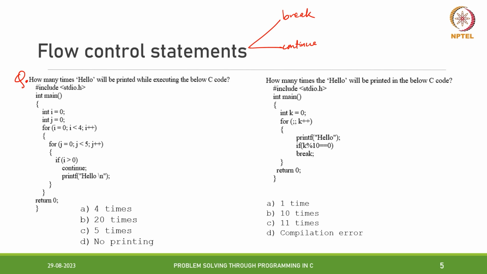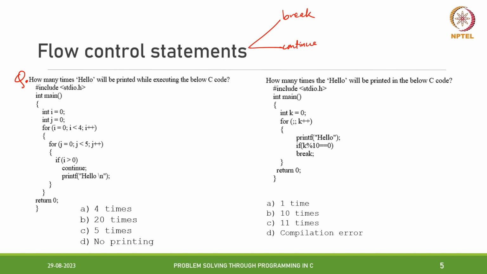So we have i and j, two variables initialized to 0. Now i goes from 0 up till i less than 4 with an increment of 1 after each iteration, and inside that you have j. So this is a nested for loop. For every i, j goes from 0 up till j less than 5 with an increment of 1.